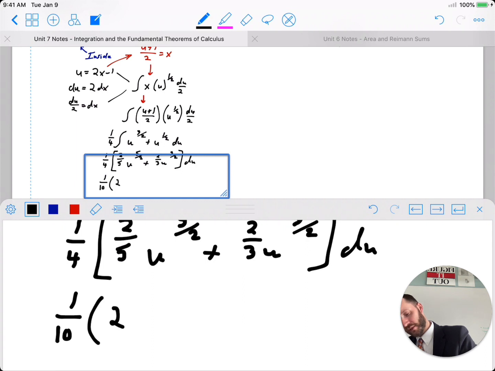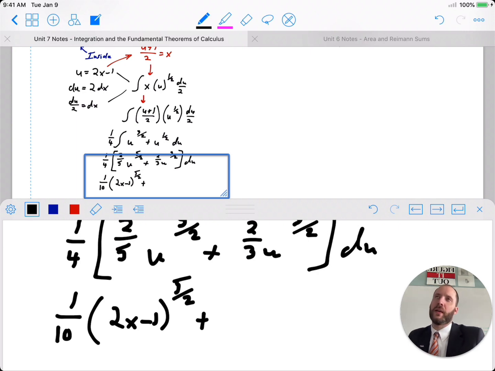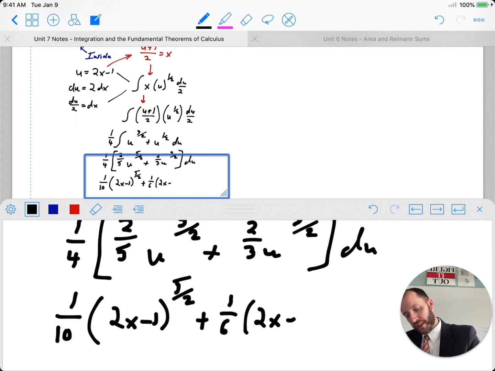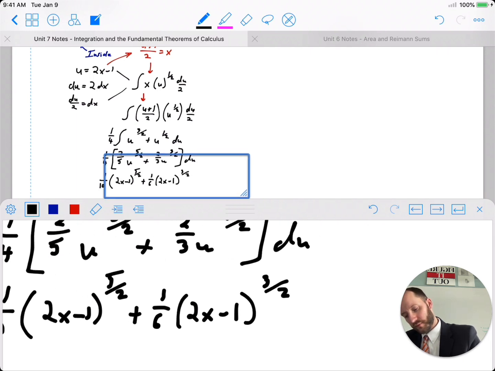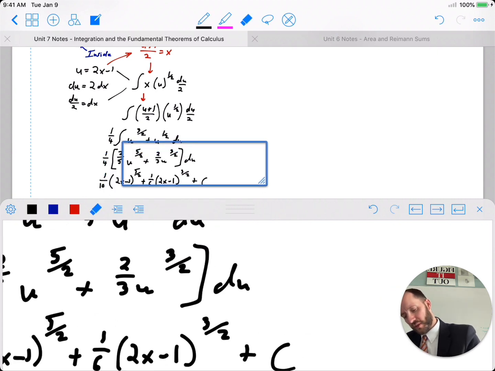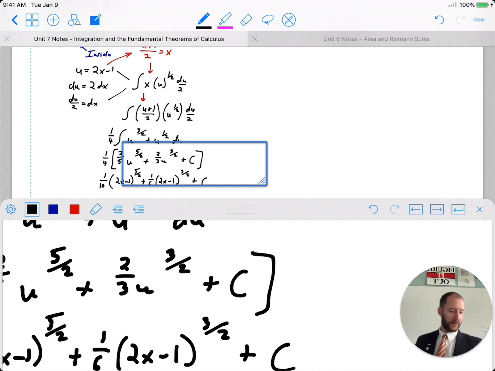So 1/10, 2x minus 1 to the 5/2 plus 1/4 times 2/3, 2/12, so 1/6. 2x minus 1 to the 3/2 and plus c. And I should not have written this du. It should have been the plus c back there. Alright.